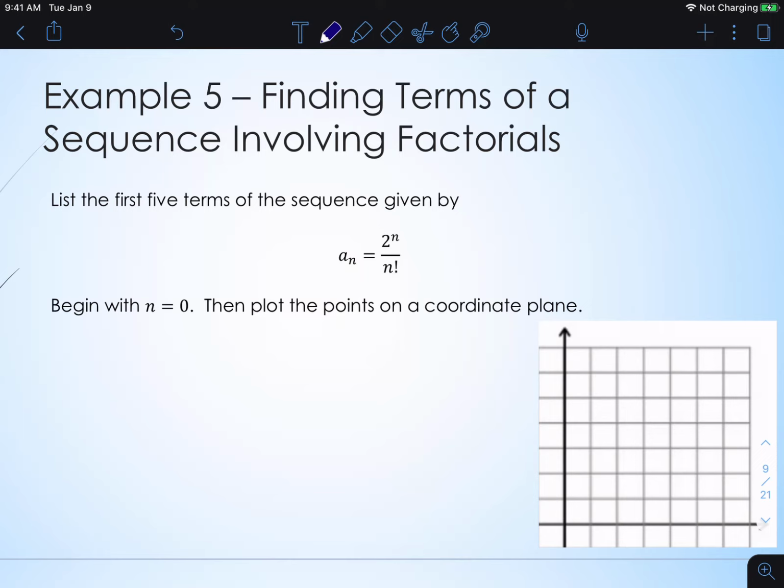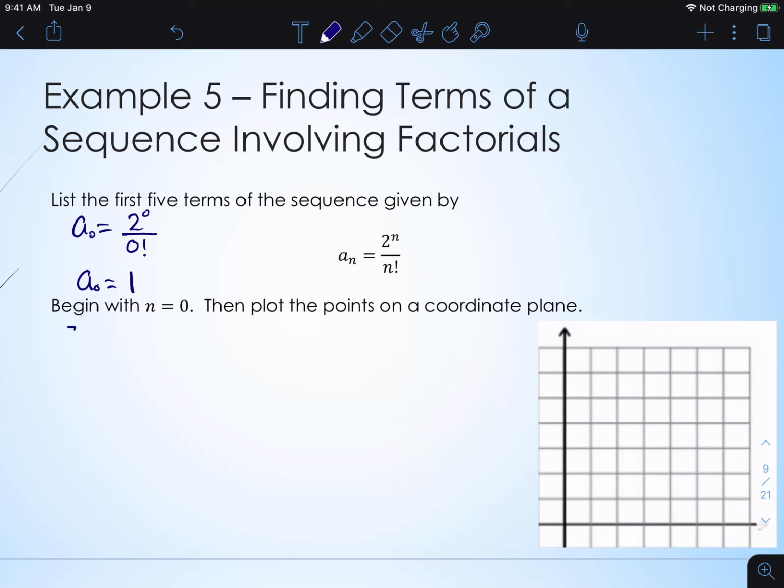A sub 0 is equal to 2 raised to the 0 power, divided by 0 factorial. Well, we've defined 0 factorial as 1. We know that 2 to the 0 is also equal to 1, so a sub 0 is equal to 1.